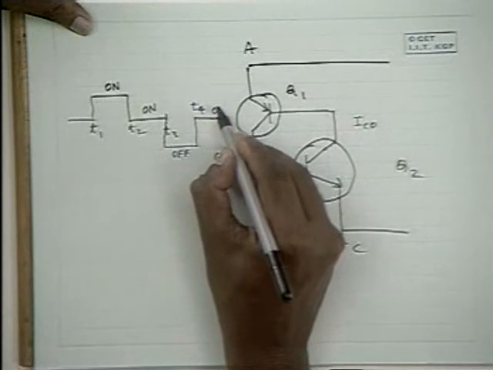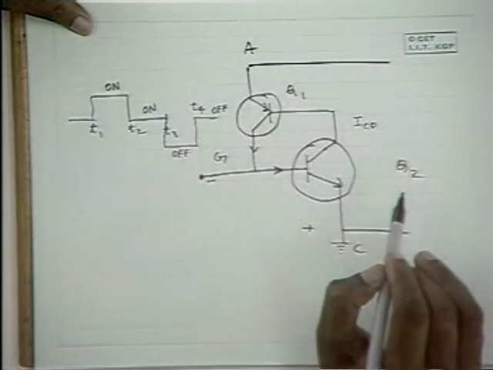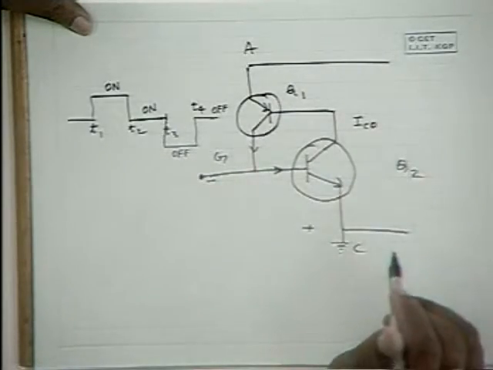So the SCR remains in the off condition until another positive pulse is applied. So this is how an SCR works as a switch to switch the voltage across the load or some circuit.